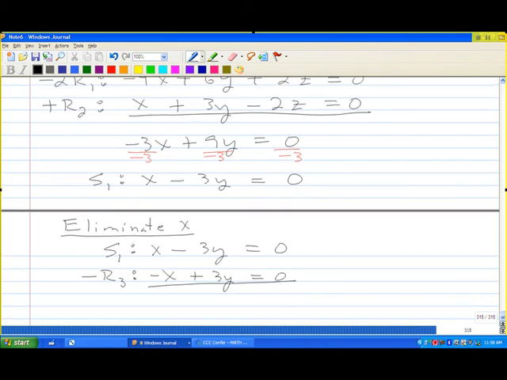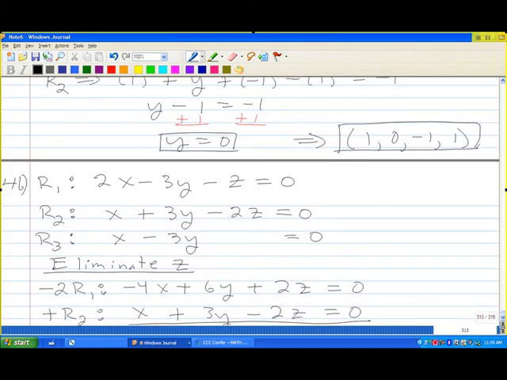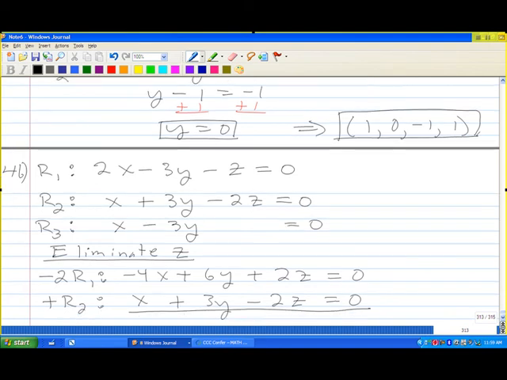If I add these together, I get 0 equals 0, which means there's an infinite number of solutions. And of course if you just looked, notice that S1 is the same as R3. So it means really we only have two equations and two unknowns.